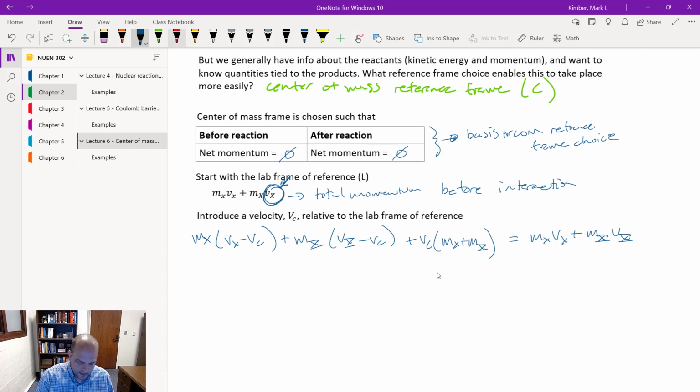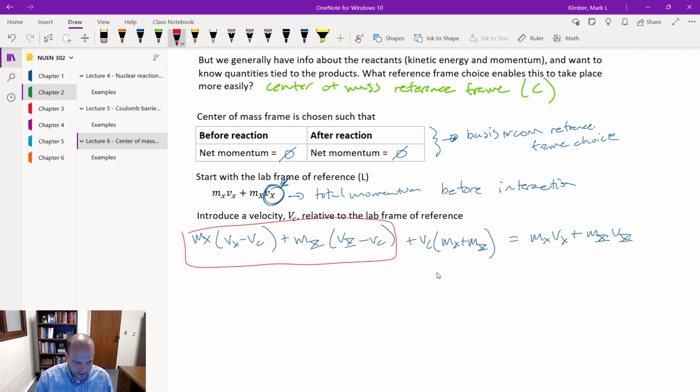The idea is to choose a Vc such that these first two terms, which are the total momentum in my new frame of reference, are equal to 0. That's the whole basis for this.